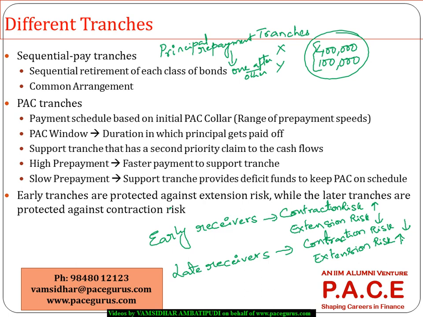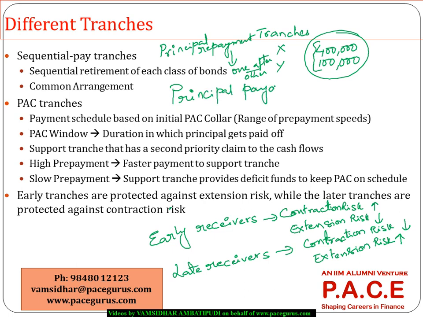For tranche X, the payment is completely paid out by the 324th month, whereas the next tranche Y started receiving the first payment only in the 325th month, and they will keep getting their payments until the 360th month. So the time period in which they are receiving the payments, I typically call the principal paydown window.